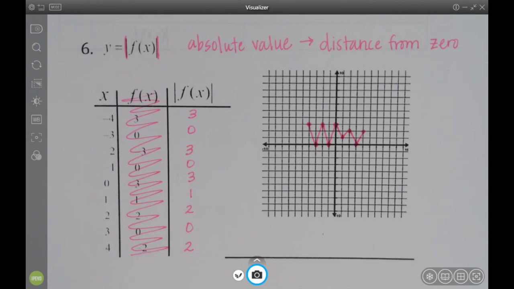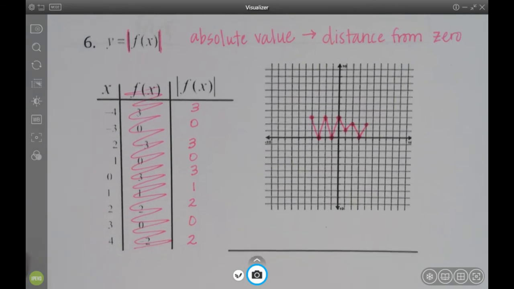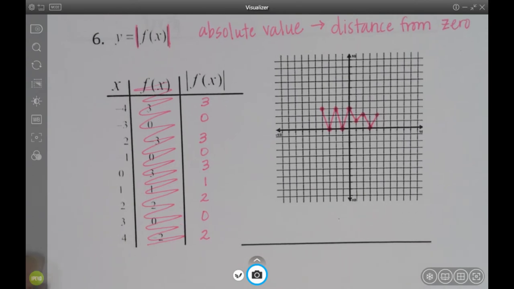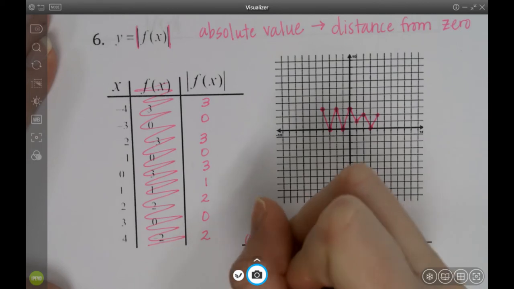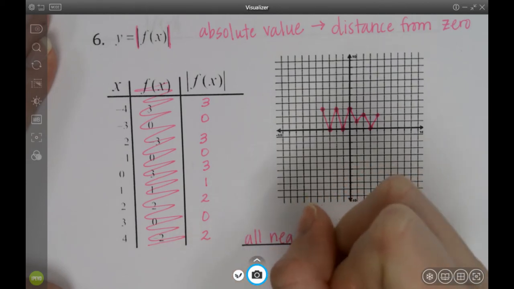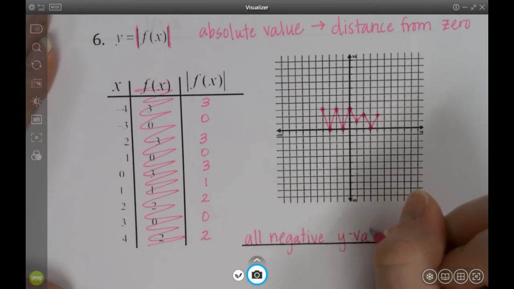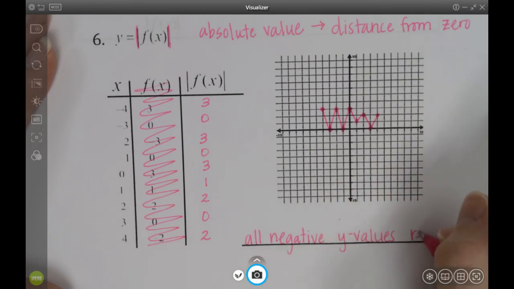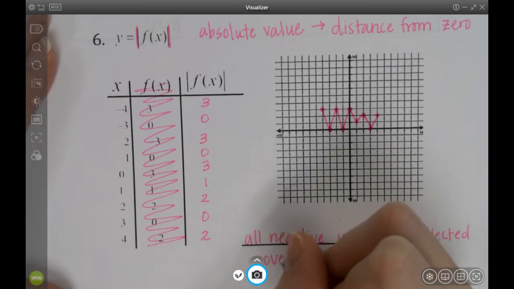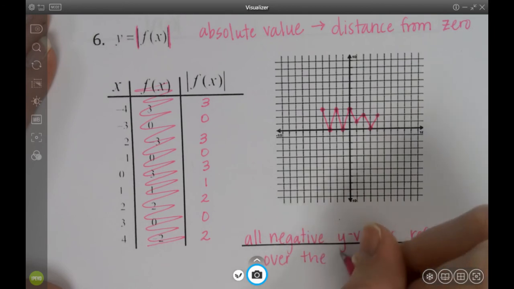Does that still look like our monster? Not really. We took it and we changed it a whole lot, didn't we? Okay. So what happened here was all the negative y values reflected over the x-axis.